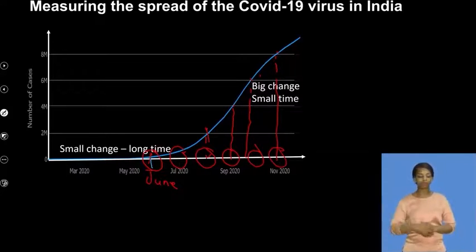So this shows us that with compound growth, we do not have a constant change, and we also do not have a constant rate of change going forward.